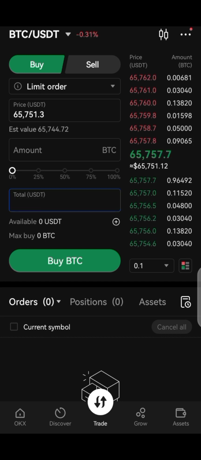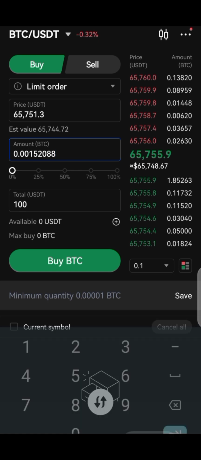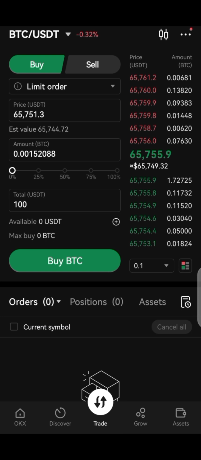I will now insert 100 USDT. With our 100 USDT, you are going to receive 0.0015208 worth of BTC. Let's copy it. After copying the value that we will get with our 100 USDT, let's move back to our P2P section and actually complete this trade.